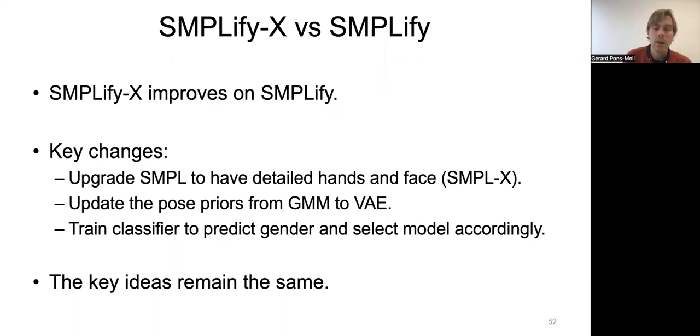As I was saying in one of the previous lectures, it's a very good idea to build a model for females and another model for males, because the statistics of shape are quite different. And so it makes a lot of sense to predict first which gender the person is and then fit the corresponding model to it. But the key ideas of model fitting remain essentially the same.